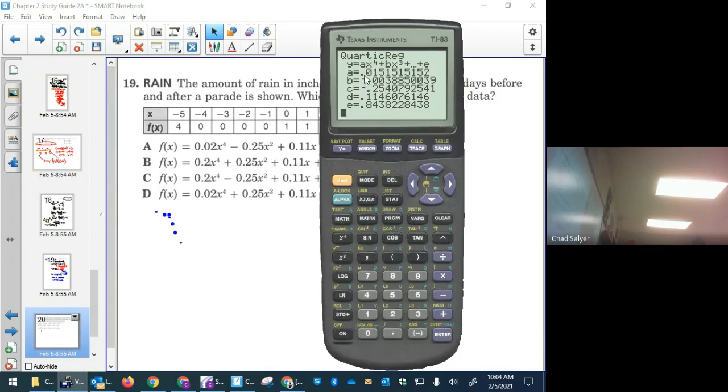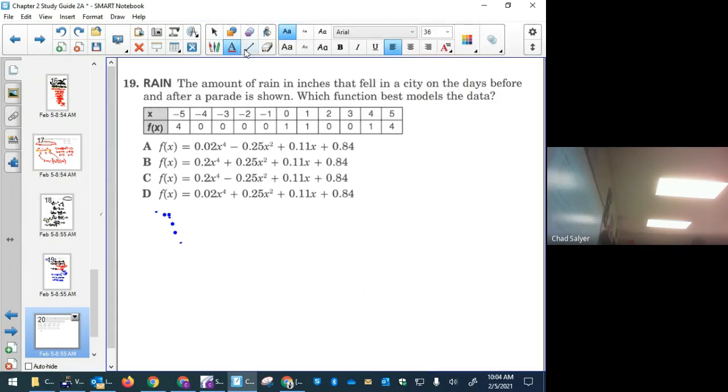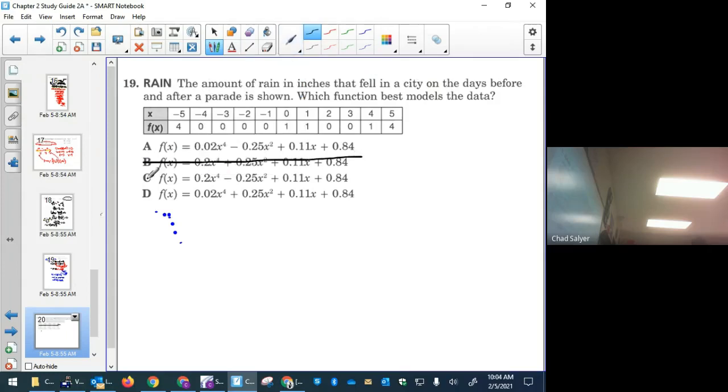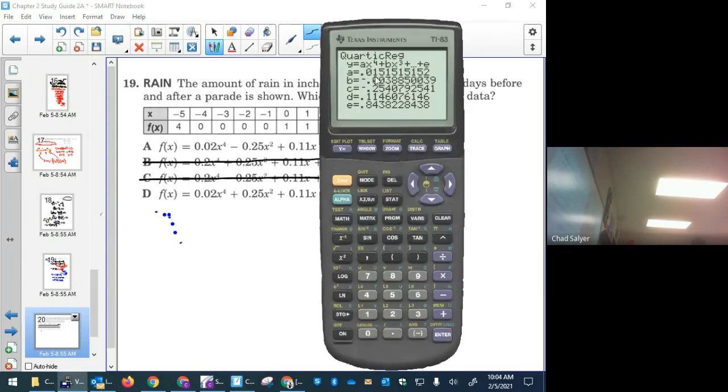So 0.015, so the 0.02 is going to be closest, which means I can disregard the 0.2s. Because we see here, this is 0.02 for our A coefficient. It would not make sense for that to be a better model. And then B is real close to 0.